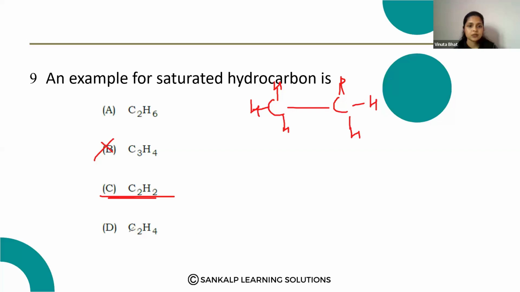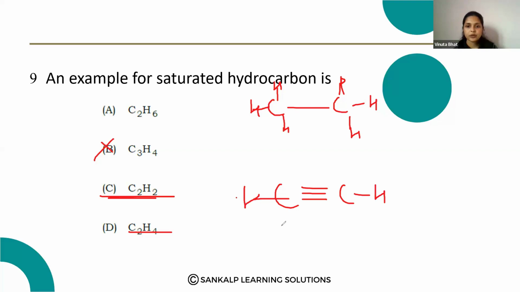See the next one, C2H4, that is double bond, triple bond.